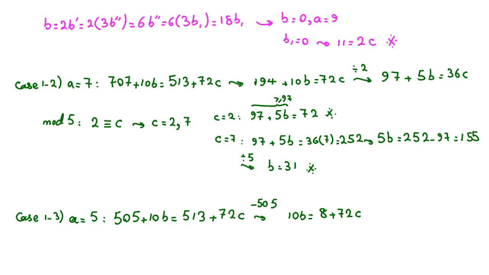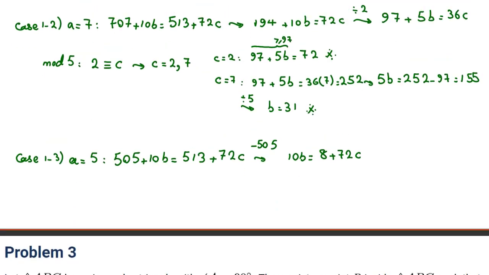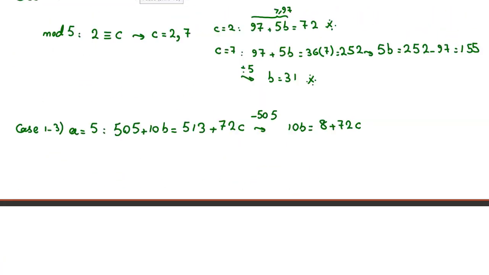Here we know that 72c is a multiple of 8, and 8 is a multiple of 8, so 10b is a multiple of 8, so b should be a multiple of 4. So we can say b equals 4b prime, so 40b prime equals 8 plus 72c. Now we divide both sides by 8, so it will be 5b prime equals 1 plus 9c.